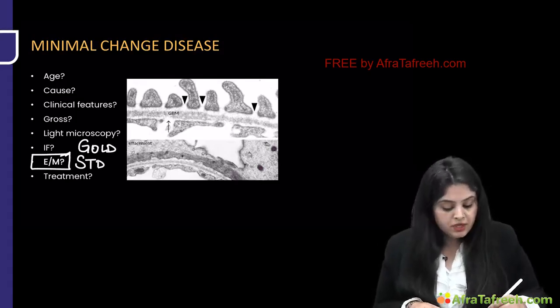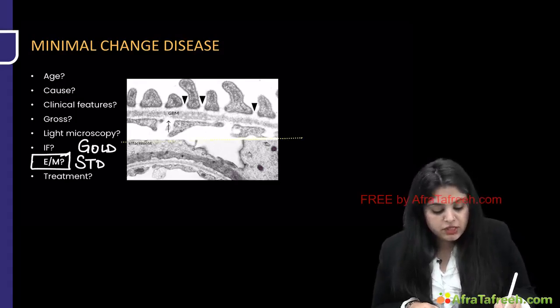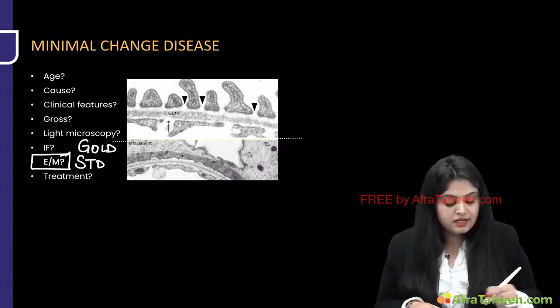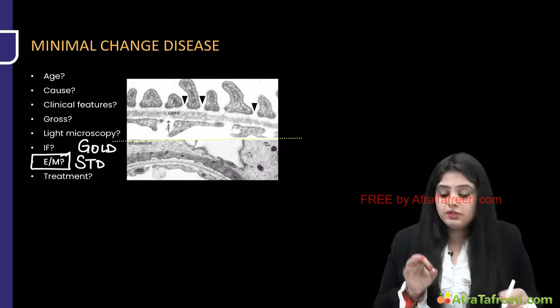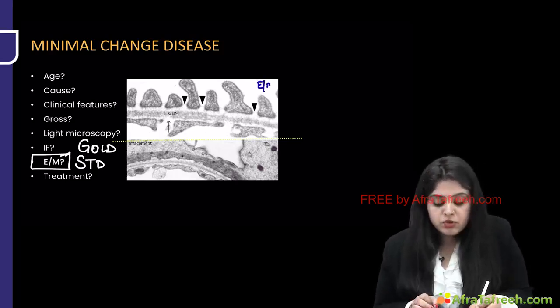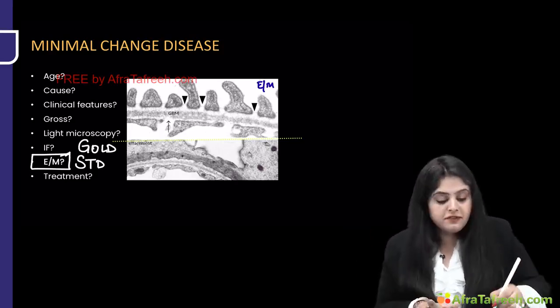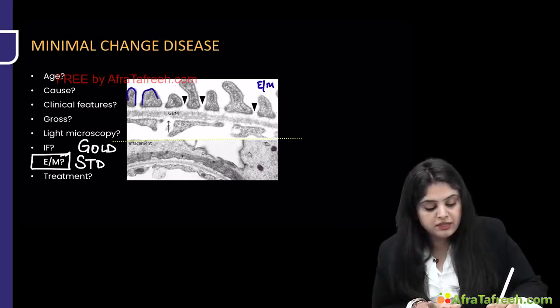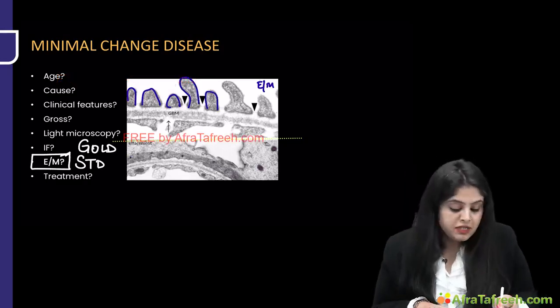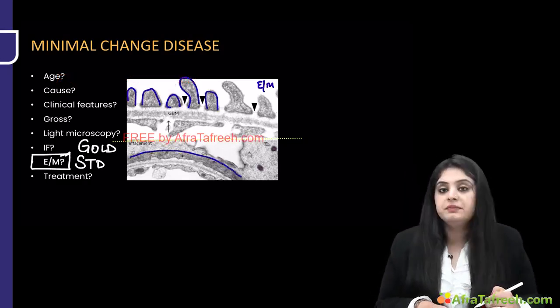And what do you see? You will have to divide this picture into two parts in order to understand. And I have always told you, when you see an electron microscopic picture, you look out for what? Find the feet. That's the rule. So can you see the feet over here? Yes, the feet seem to be fine over here, but suddenly the feet do not seem to be fine over here.